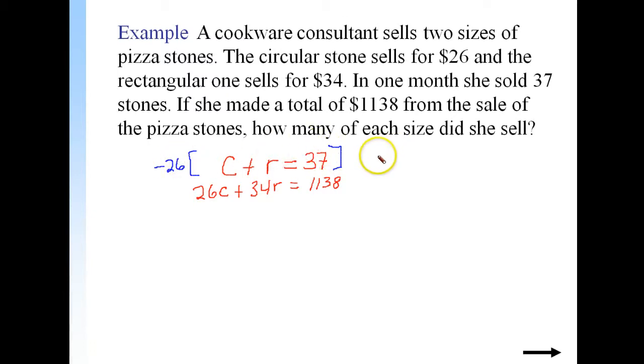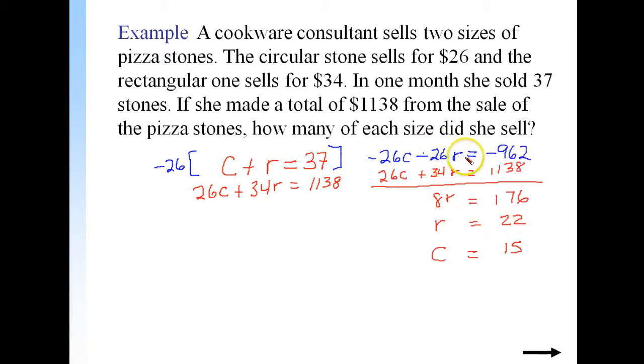So as I do my new equation, I get a negative 26C minus a negative 26R equals, now I paused it so I could use my calculator a little bit. A negative 26 times this gives me a negative 962. But then I got what I'm looking for. I'm able to cancel these out.